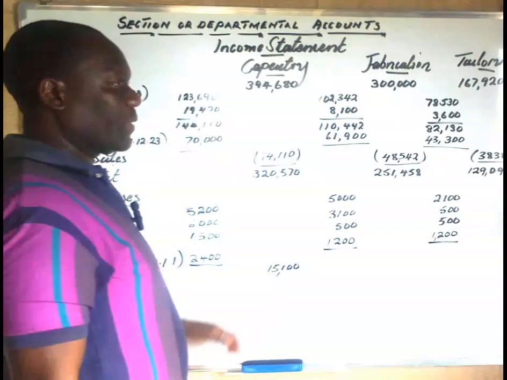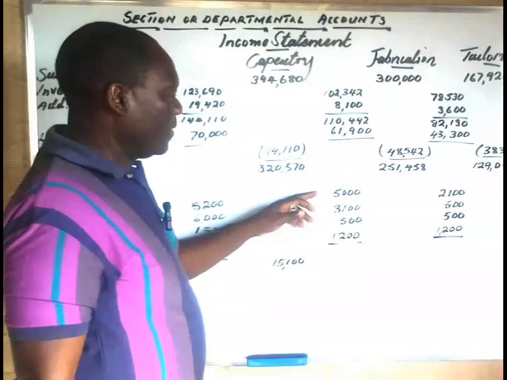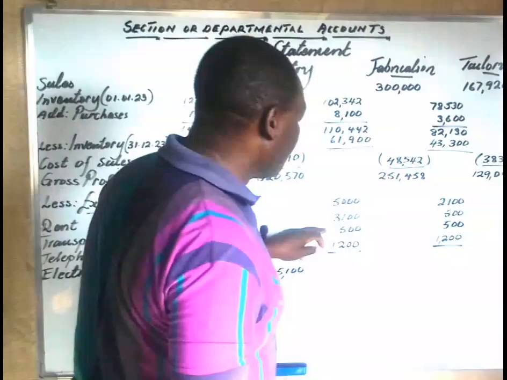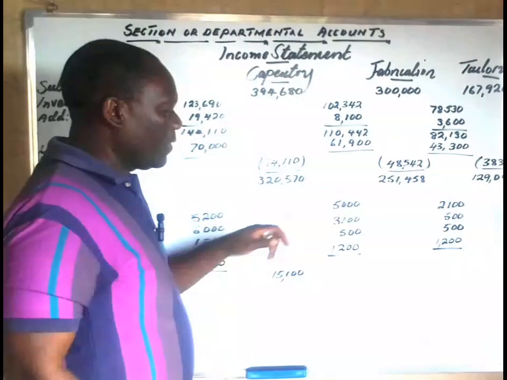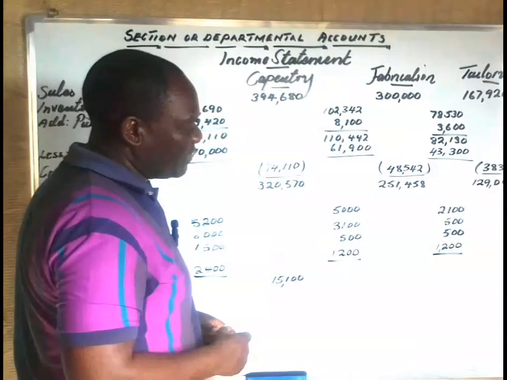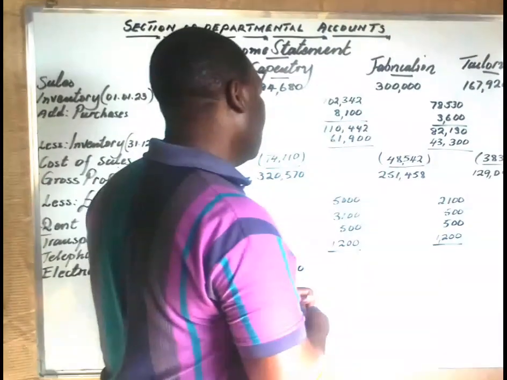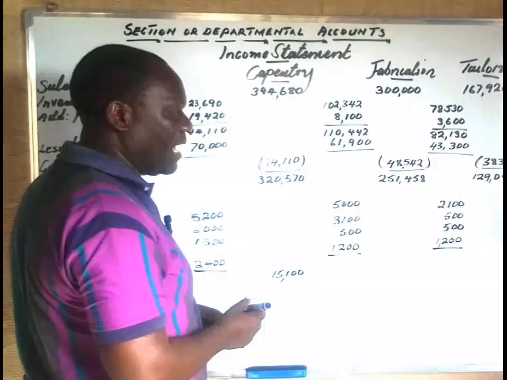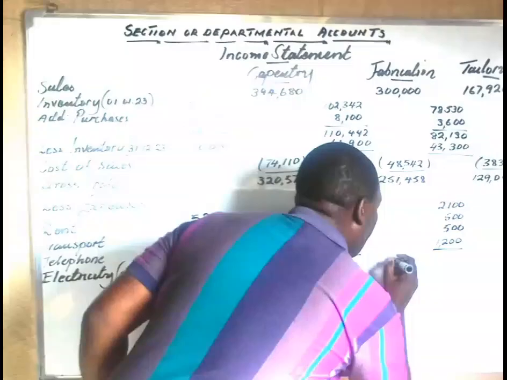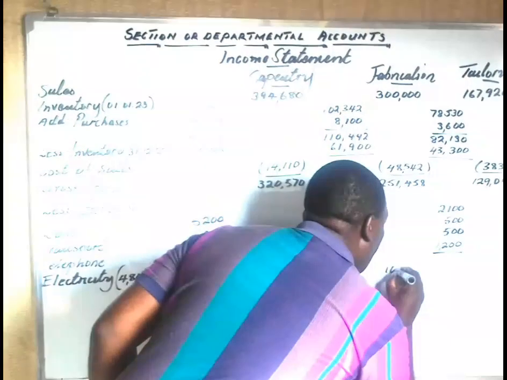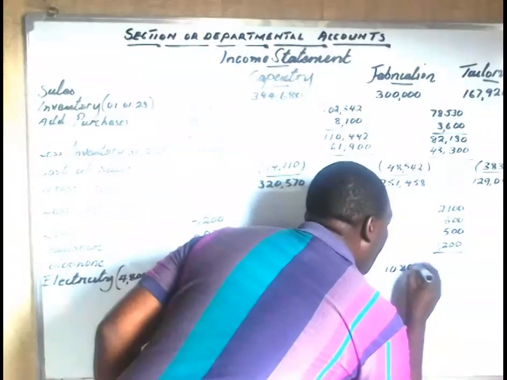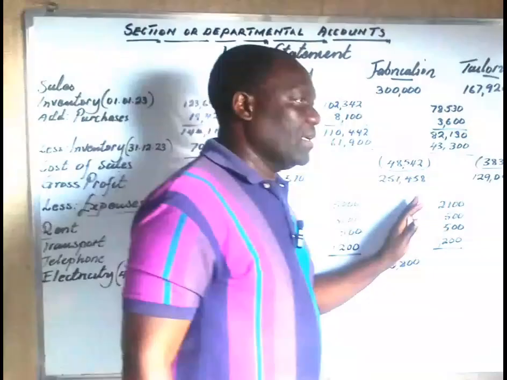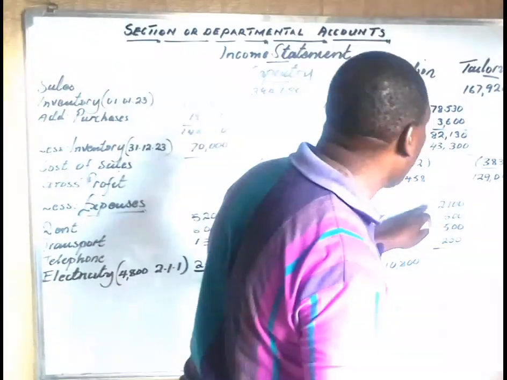Okay. When I come this way, this is 8,100. 8,100 plus 1,500. It gives me 9,600 plus 1,200. It gives me 10,800. Okay. We come to the total expenses from tailoring.